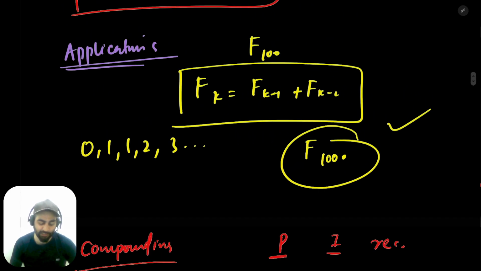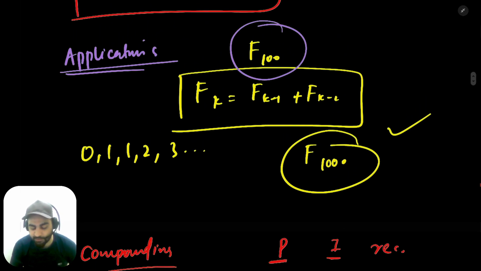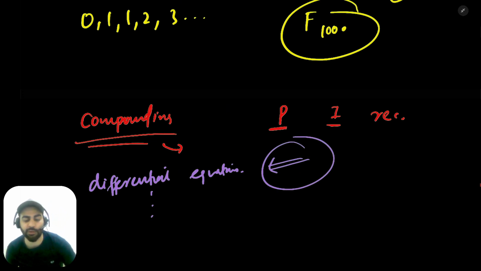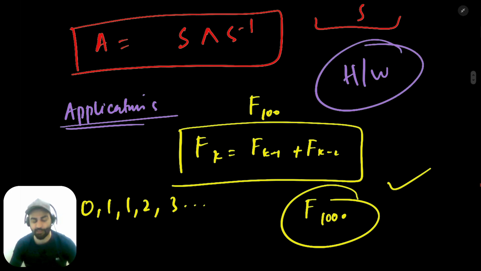I just showed you three applications so that you will look into them: how to compute Fibonacci numbers using diagonalization, how to compute compounding using this, and how to compute the answers to differential equations using diagonalization. So this is homework for you, and you will have to see what the applications are and how to use these things. Am I clear with this?